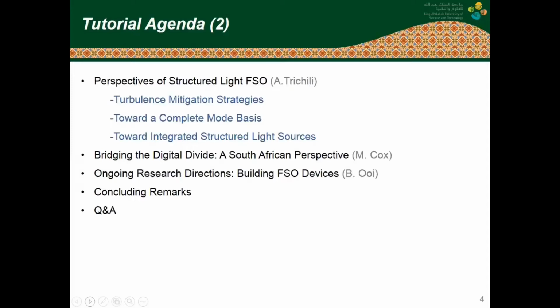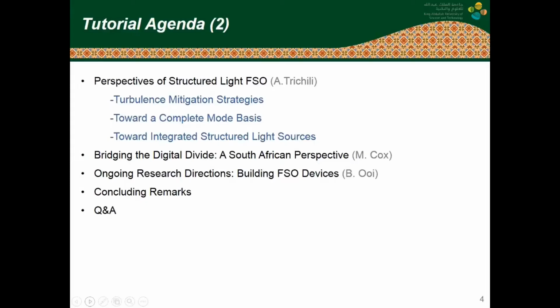And then at the end, the tutorial will be concluded by an important aspect to all this. When we talk about free space optics, at the end of the day, we need to talk about hardware. This is contrary to classical RF-based wireless communication, where we take it for granted that we have antennas and RF devices.